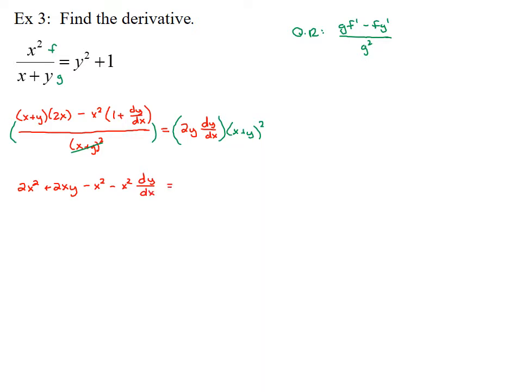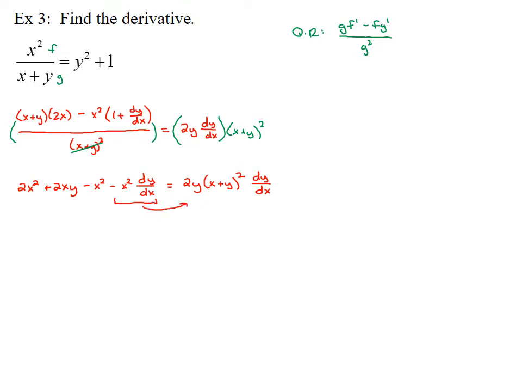This is now equal to, all right, so you've got a... I'm actually not going to simplify this. I thought about it, but I think it may be easier to leave alone. So I'm going to rearrange some things. I'm going to write this as 2y times x plus y squared times dy dx. Your job is still to get the dy dx's by themselves, so I'm going to move this term, because that's the only dy dx on this side, and this whole one term's dy dx.